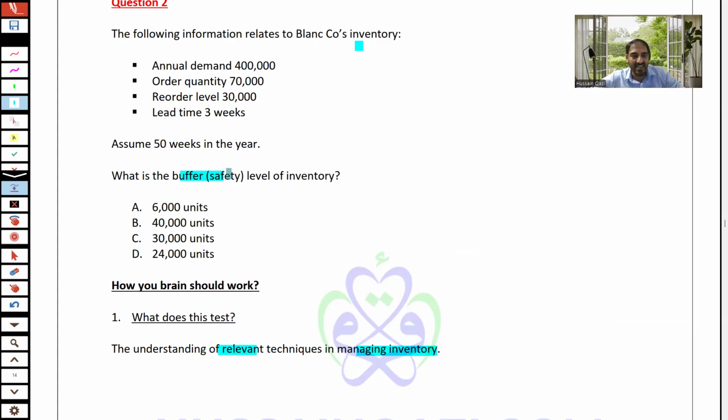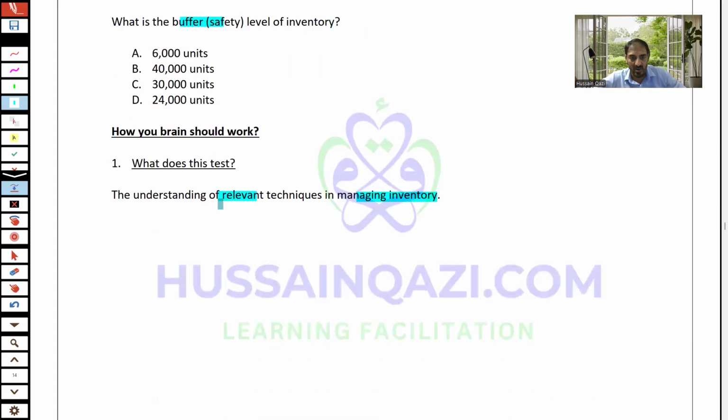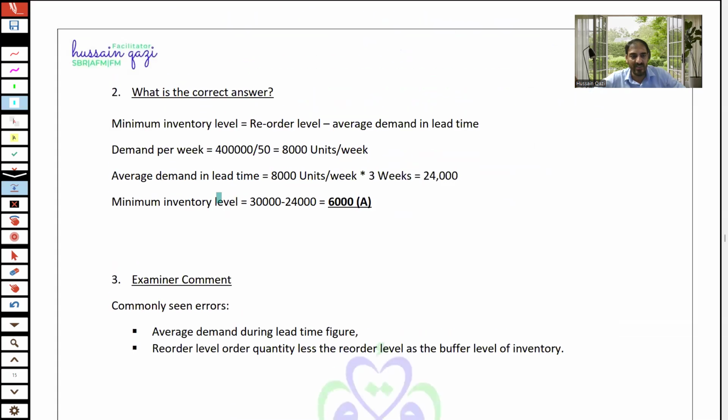Calculate average demand: 400,000 divided by 50, that's average demand per week. Multiply by 3, that's demand per lead time. So 30,000 minus this calculation, you will be able to identify the buffer inventory level. Now come on, let's observe. Very simple.